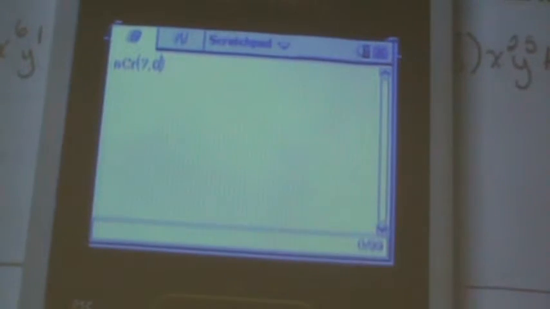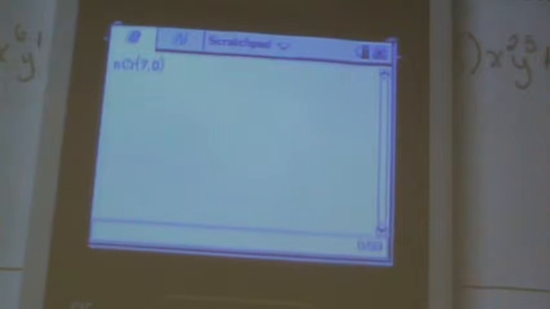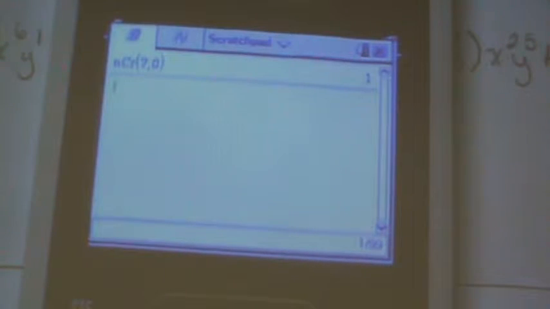So you'll go down to combinations, hit enter, and enter your two numbers as an ordered pair. For our first one, we've got 7, 0. I'll zoom in on the calculator so you can see. You should have the combinations, and it's 7, 0. You hit enter, and you get 1.